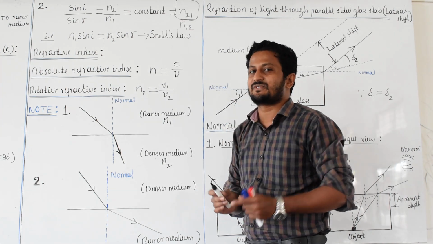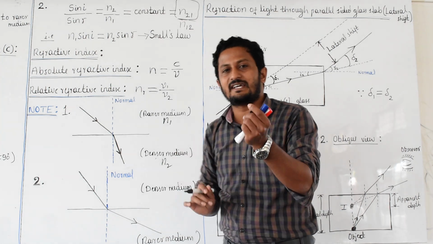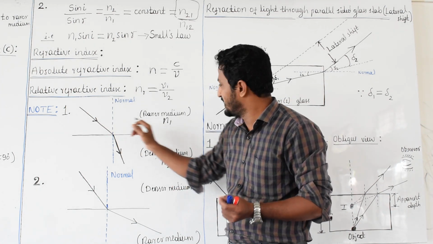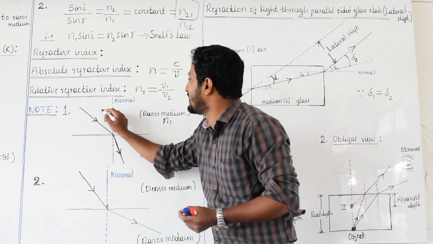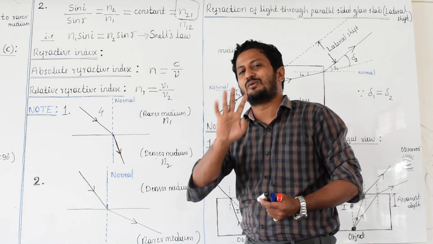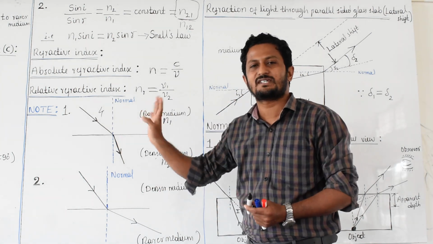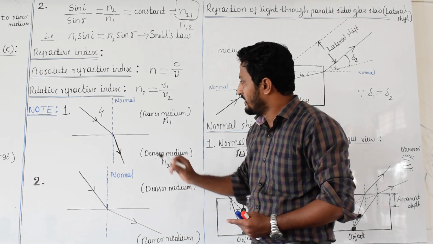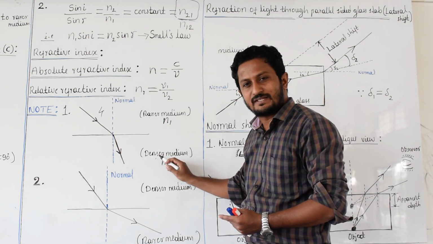Let me just take some numbers. Suppose the speed of light in N1 is 4, meter per second, just leave the unit. Now concentrate: it is moving from rarer to denser.